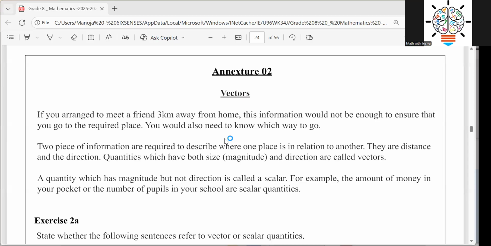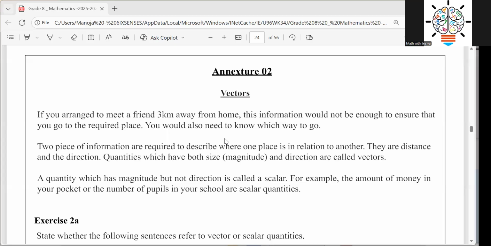From there, turn right and again come 500 meters, then you can find the black gate, and you can see the number 52, so that's my house. That makes sense, right? He can understand what you are saying. So those kinds of quantities we call vectors.